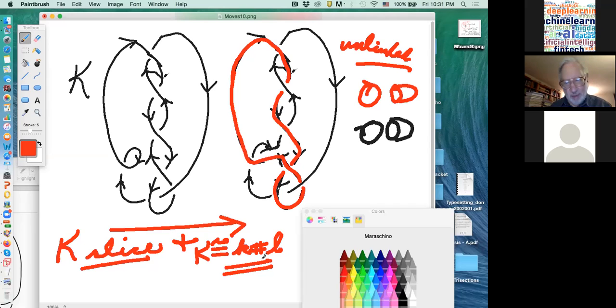So that shows the phenomenon of being slice. When are knots not slice? That's the question really for determining the cobordism group, the concordance group. Tell me when a knot is slice. Very hard. You can make a lot of examples. You could, for example, take two curves like this, wrap one around another quite a number of times, and then go through a saddle to get one curve, and you would have a knot that was slice.